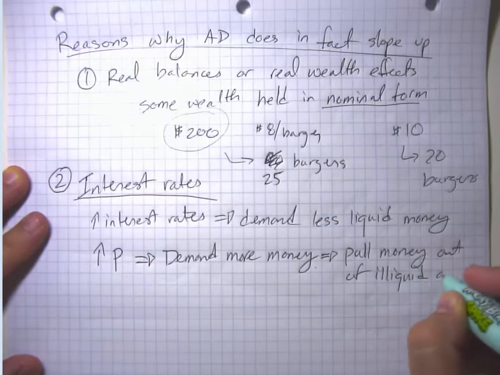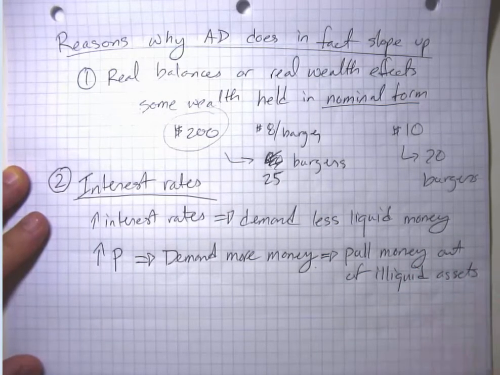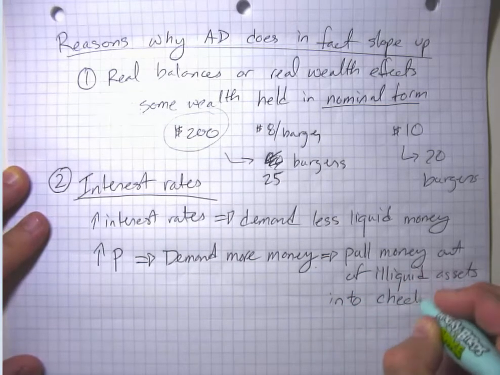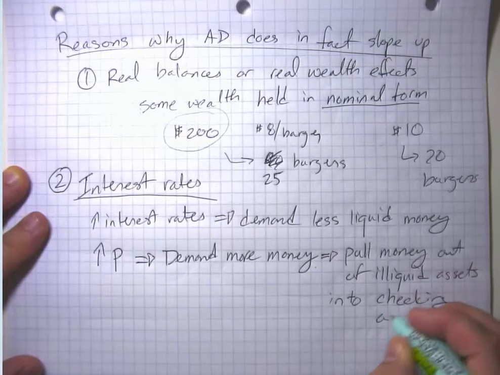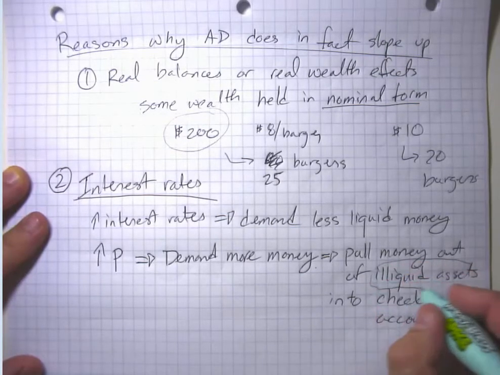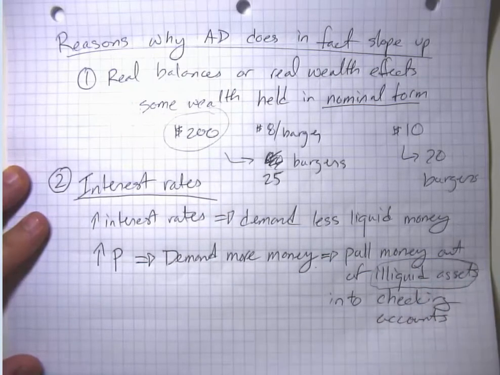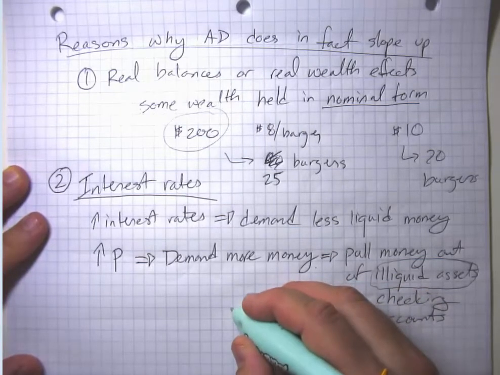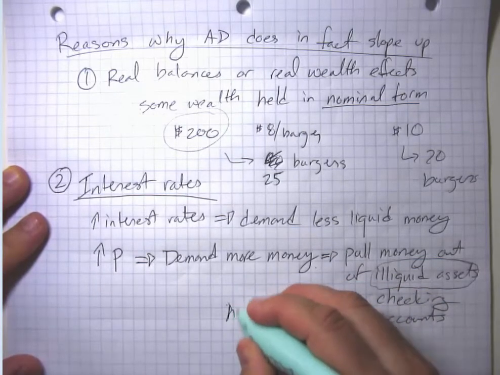So out of illiquid assets, like certificates of deposit, and into checking accounts. As they do that, they're reducing the supply of assets into this liquid market, and when they reduce the supply there, that's going to lead to higher interest rates.